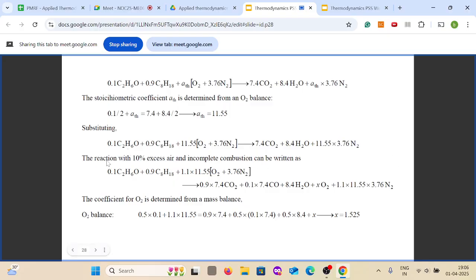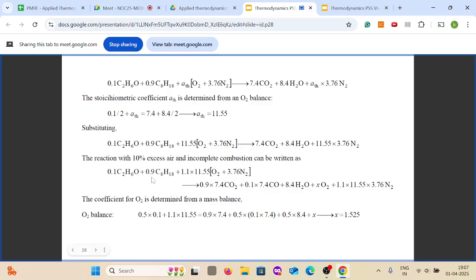Now we are reacting with 10% excess air, and 90% is converting into CO2 and the rest is forming CO. We have 7.4 moles of CO2, out of which 90% is converted to CO2, so we have 0.9 into 7.4 CO2 plus 0.1 into 7.4 CO, and the water will remain the same, and we have excess oxygen and nitrogen.